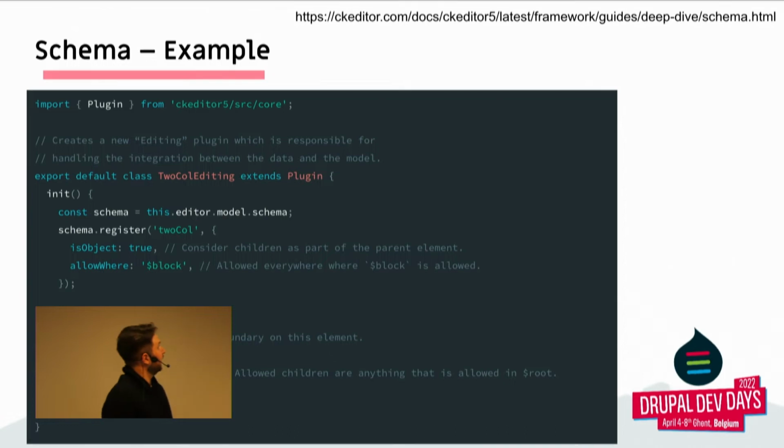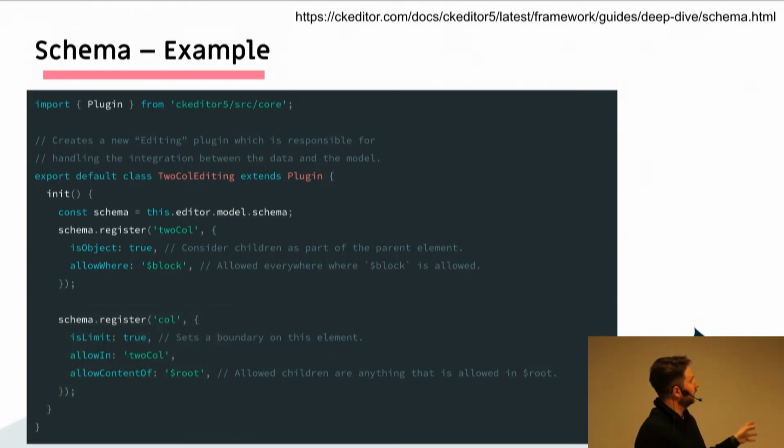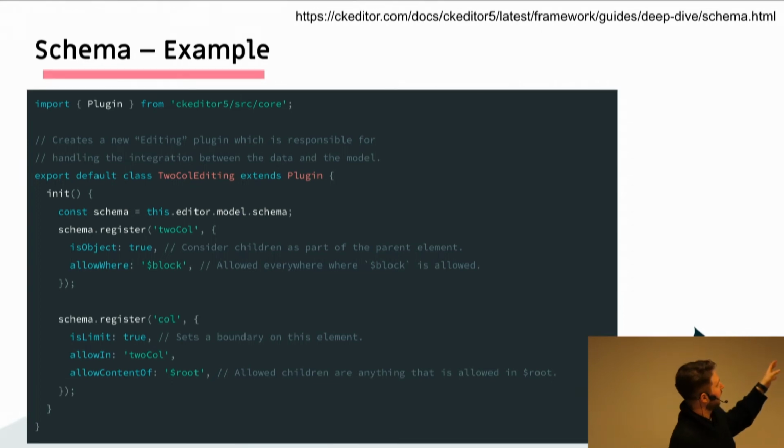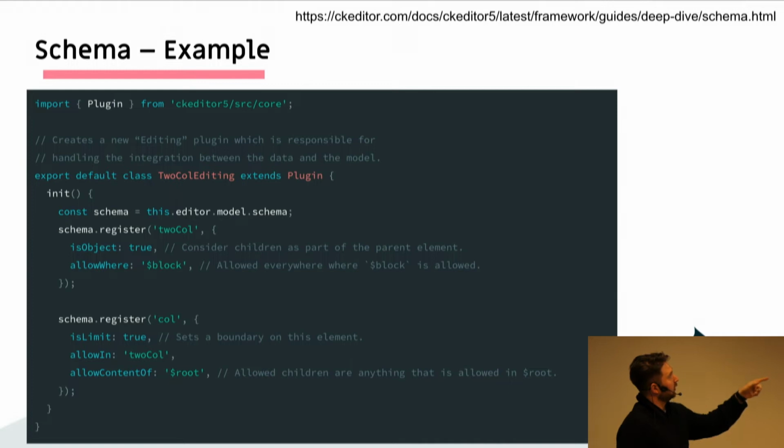In our case, we want to define two new elements in the schema: a twoCol element and a col element. The twoCol element is a wrapper, which defines that this is a layout which can have 2 columns. Then we have a col element, which is each of the columns. We define where you can place the twoCol element.